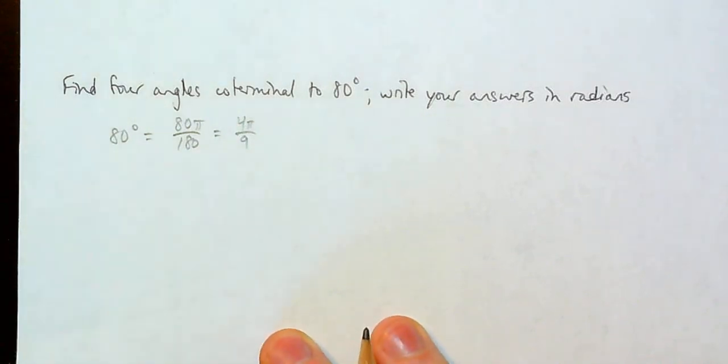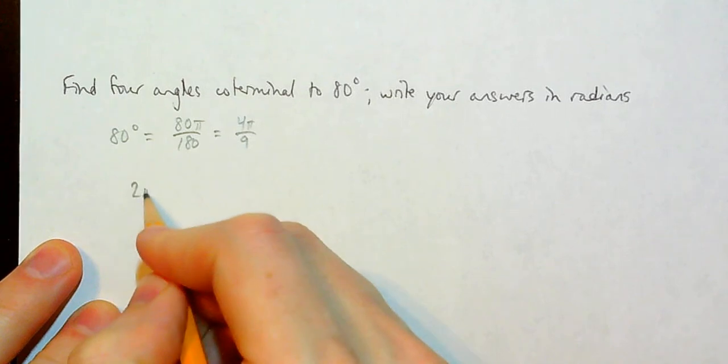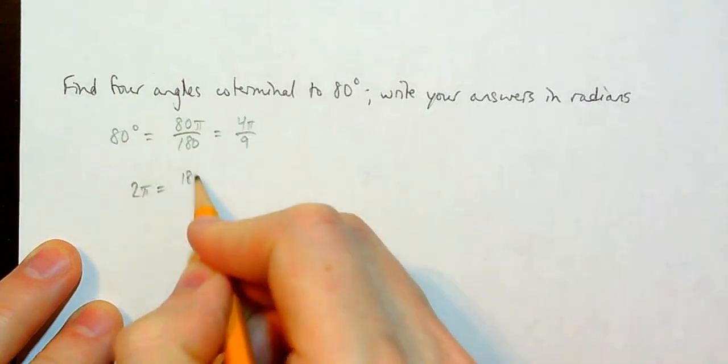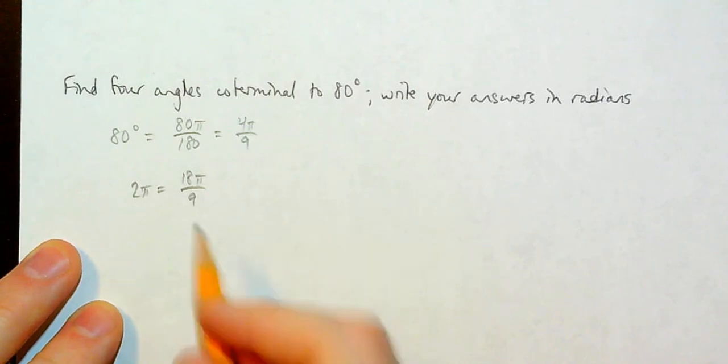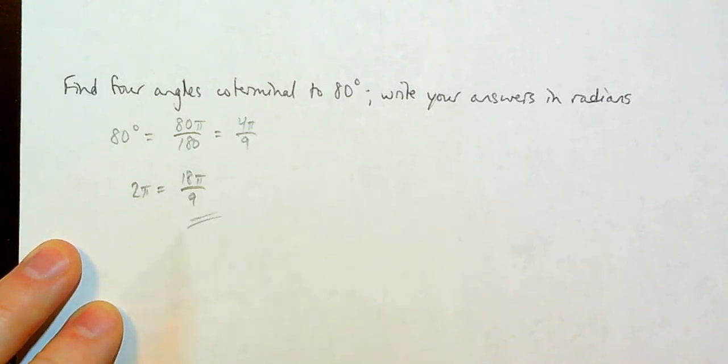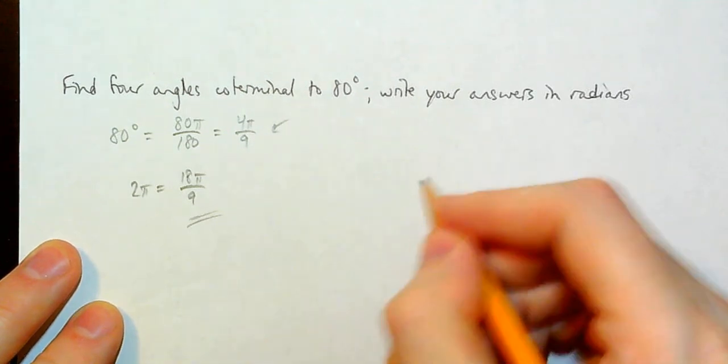So in terms of ninths, what is 2 pi? 2 pi is equal to 18 pi over 9. So I'm going to be adding or subtracting this quantity onto 4 pi over 9, and that is going to give me my coterminal angles.